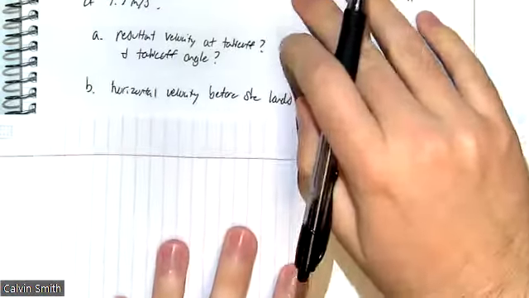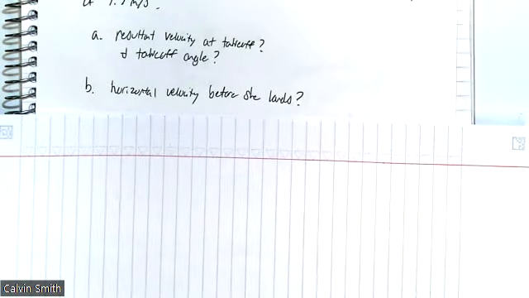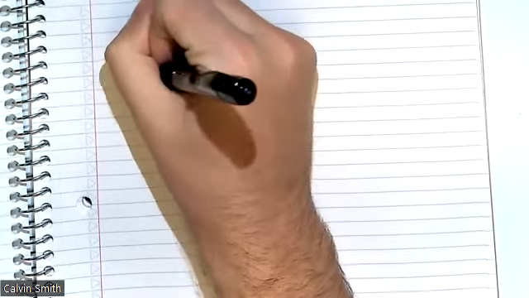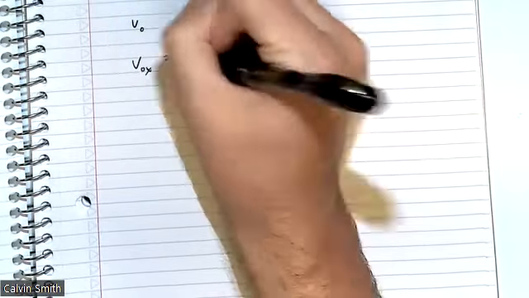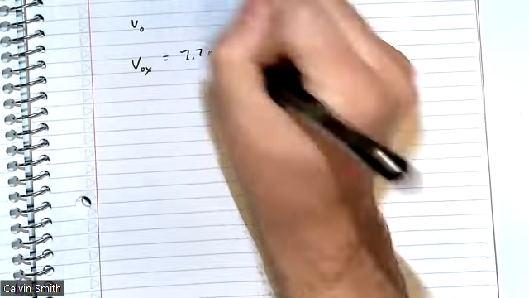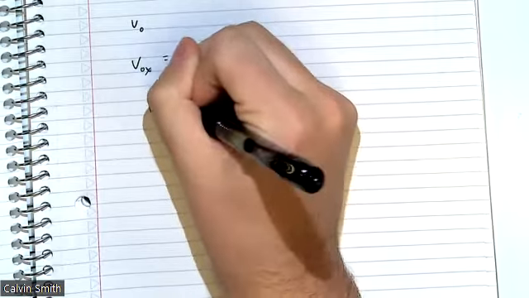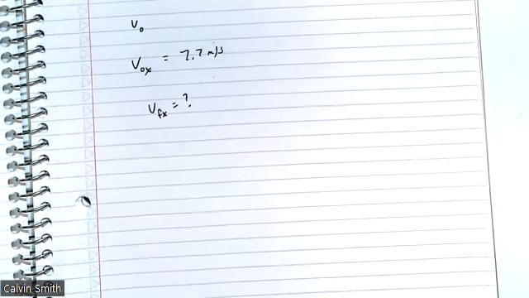So part B, we want to know her horizontal velocity before she lands. They gave us the initial horizontal as 7.7 meters per second. So they want us to find the final in the x, or in the horizontal.